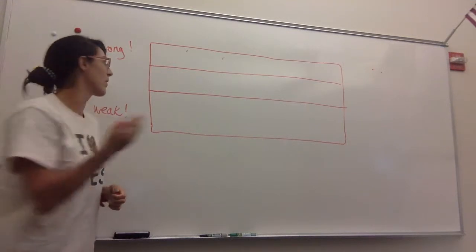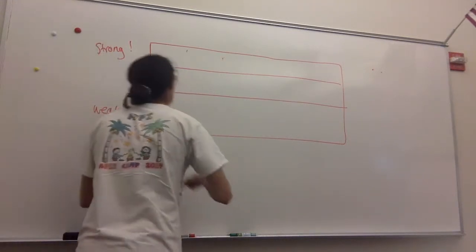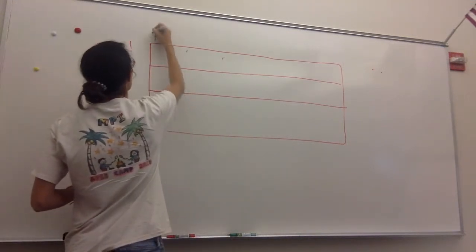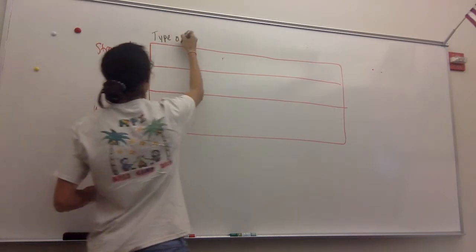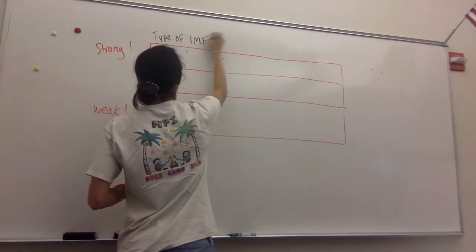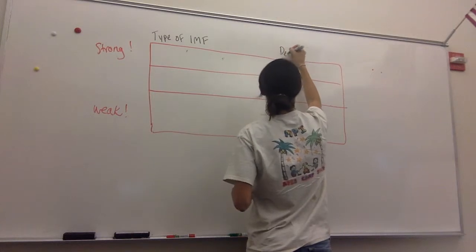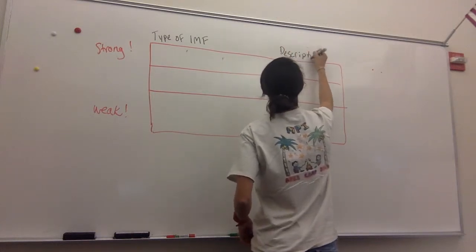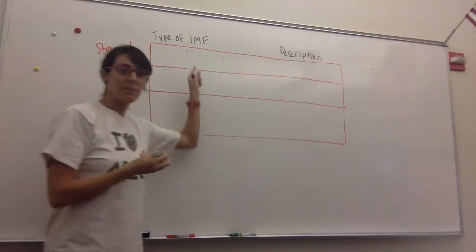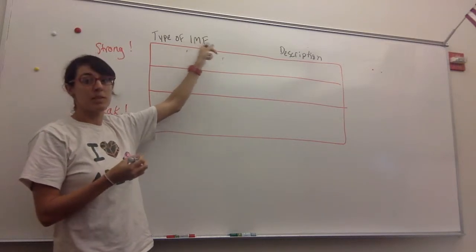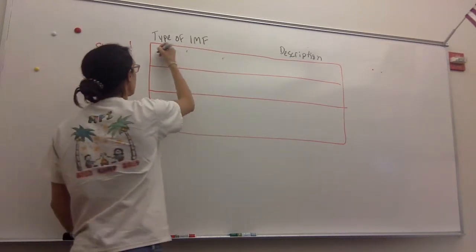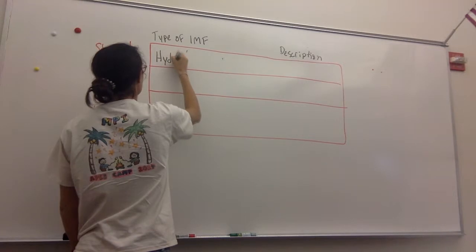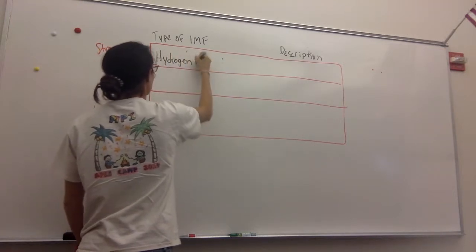It's called hydrogen bonding. So I'm writing type of IMF. IMF means intermolecular force. So the first type is actually called hydrogen bonding.